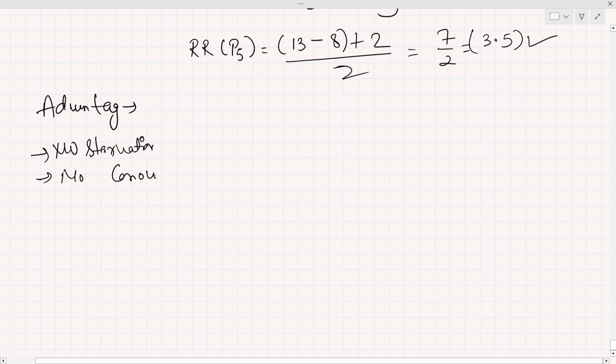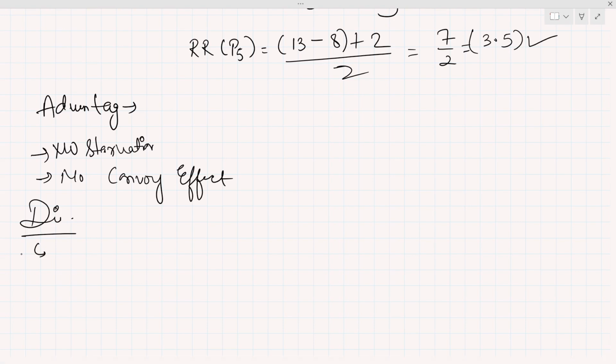Now what is the disadvantage? The disadvantage is that there is no practical implementation of this scheduling algorithm.